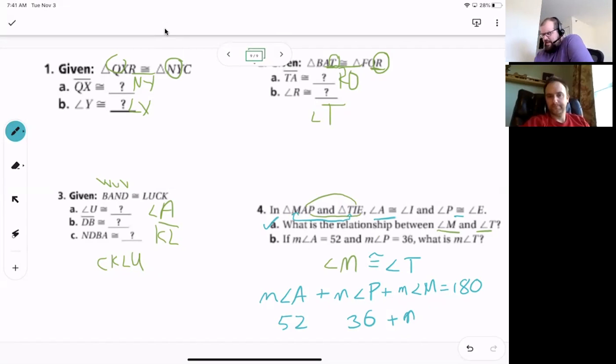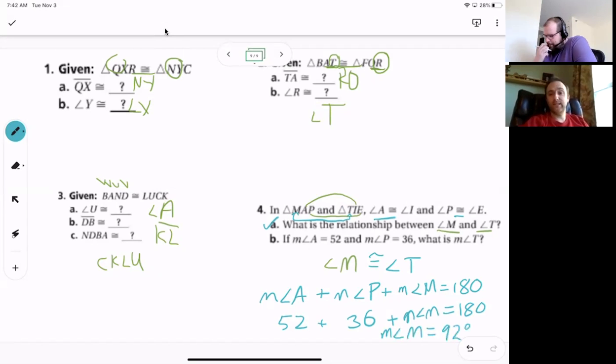So one of the things that I'm looking at, so we've got 52 plus 36 plus the measure of angle M is going to be 180. So that would be 88, 92. Did you do that math right, Mr. Butterworth? Yes. Cool.